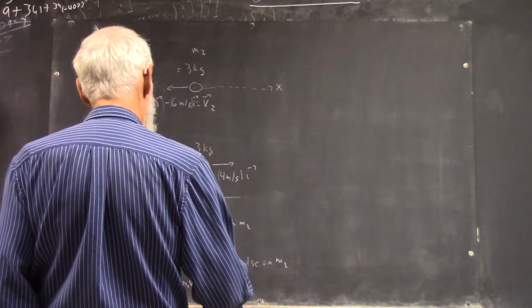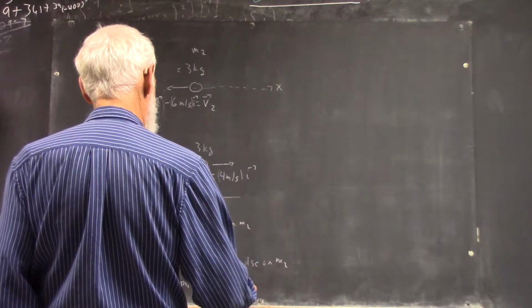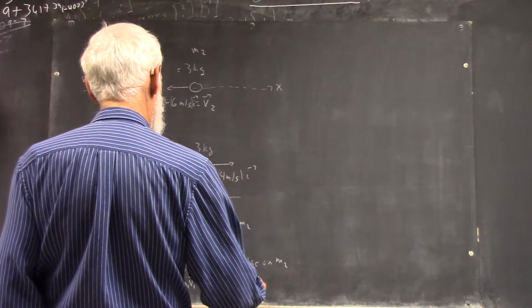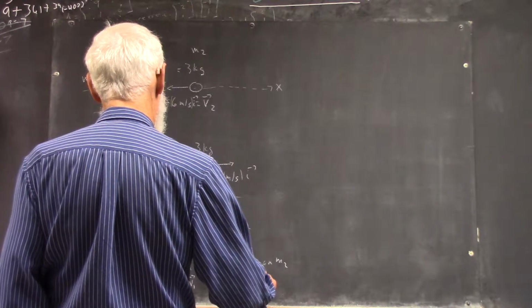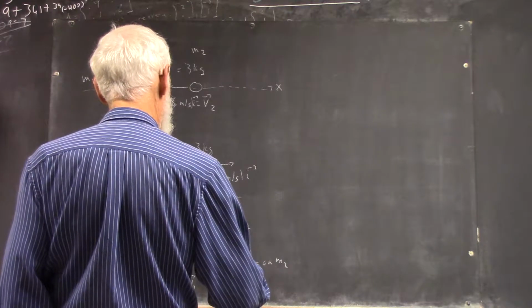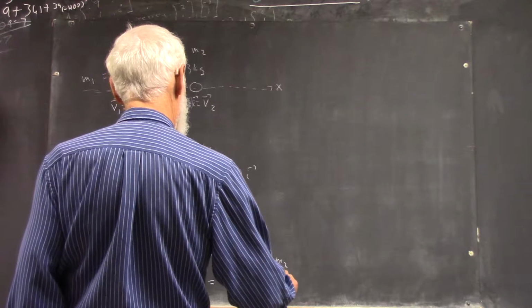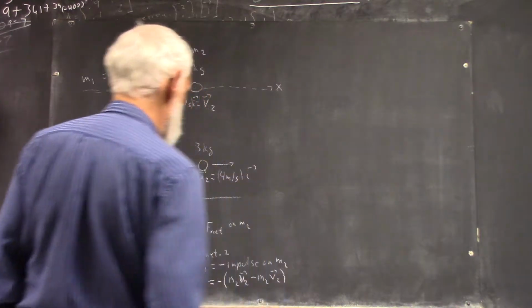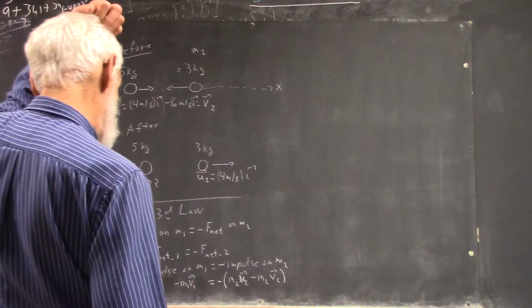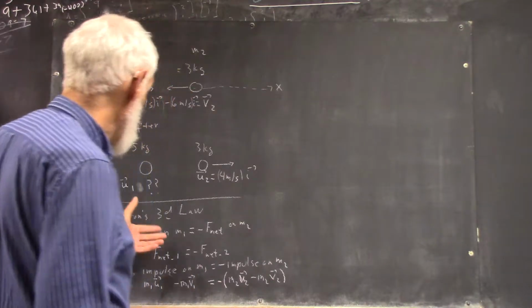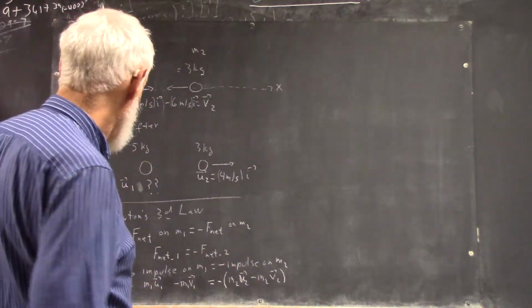It's the negative of M2 U2 minus M2 V2, just by the notation, okay?